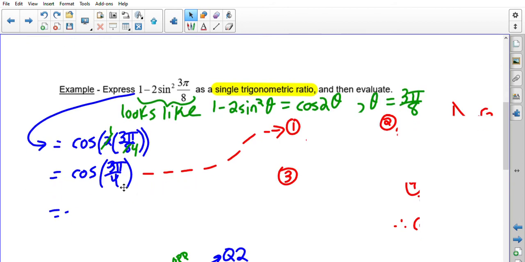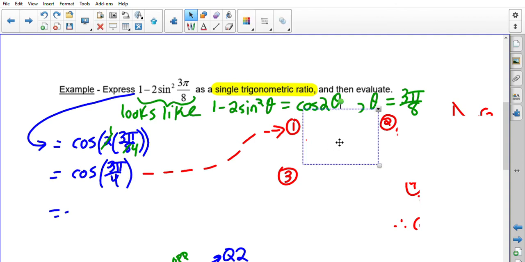However, this one's going to involve more work. And this is the step I think students forget the most, is that they forget to go back to the basics of Unit 6. So if I give you cos 3 pi over 4, that is not an acute angle. That's 3 sets of 45. So we have to go back and do what we did last unit. How do we find this value?